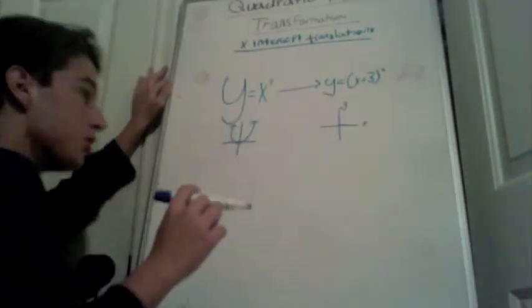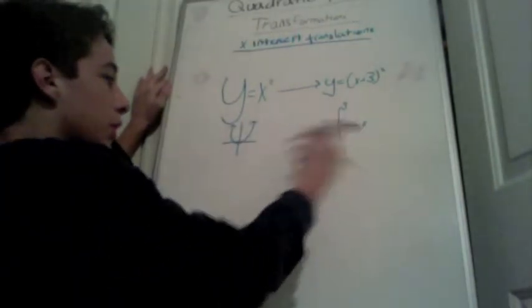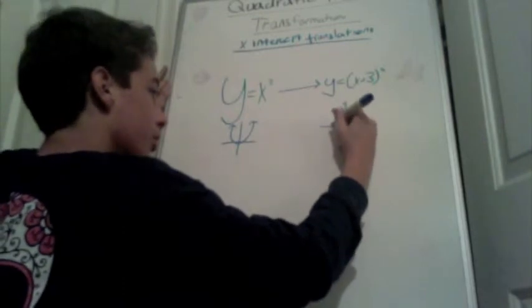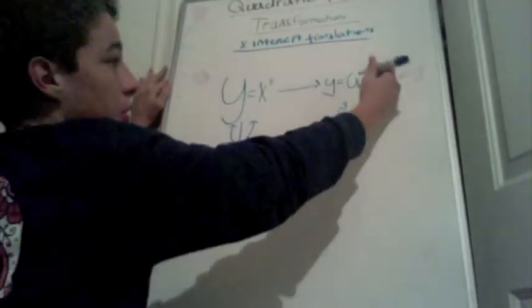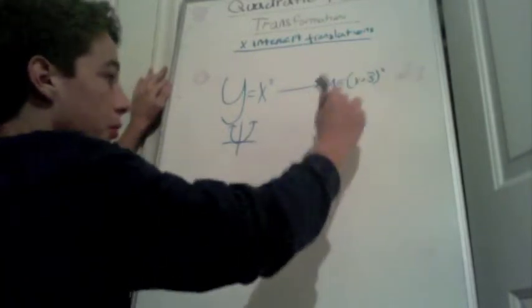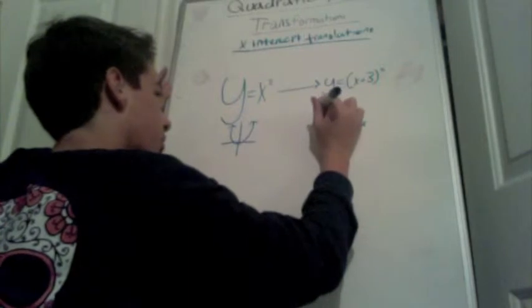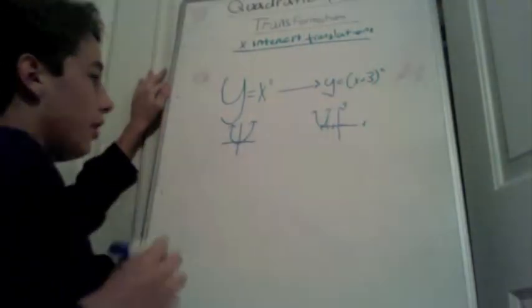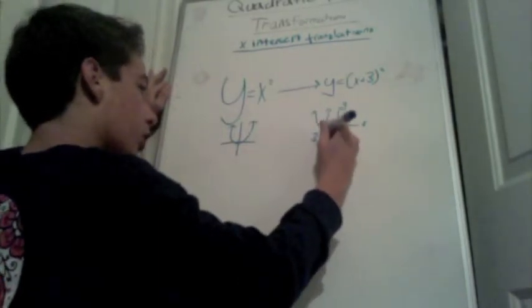Now, as opposed to y-intercept translations, adding 3 actually means you're going to be moving left, or towards the negative side. So 1, 2, 3. Which means if we had minus 3 right there, we'd be moving right 3. But it's still the same slope, except our vertex is now negative 3, 0.